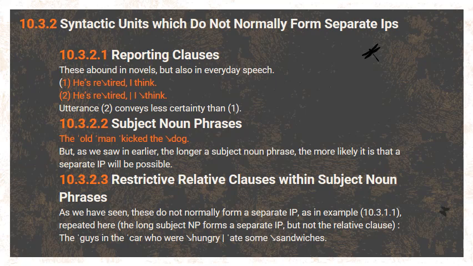As we have seen, these do not normally form a separate IP, as in example 10.31, which repeats here. The long subject noun phrase forms a separate IP, but not the relative clause. For example, the guys in the car who were hungry ate some sandwiches.